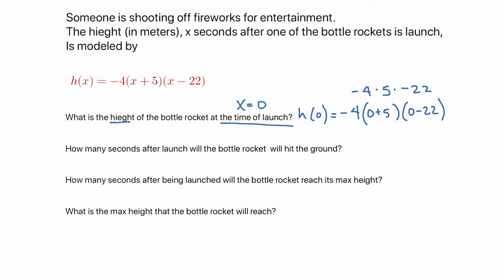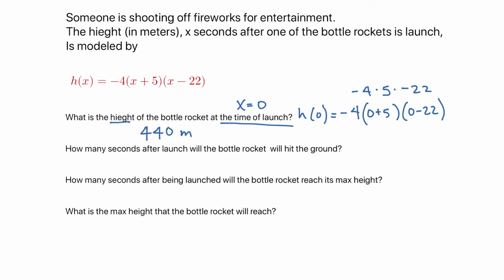Well, -4 times 5 is -20. So -20 times -22 is a positive 440. This is a massive bottle rocket. So my answer is 440 meters.